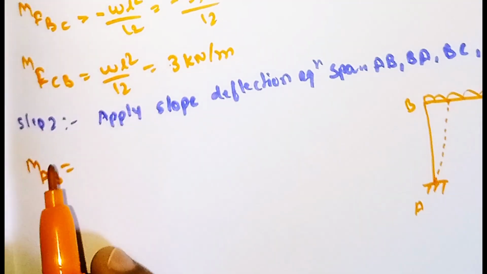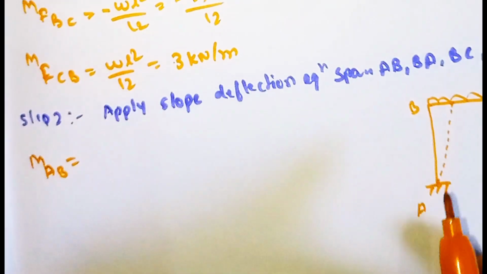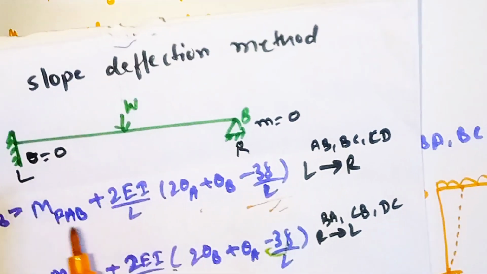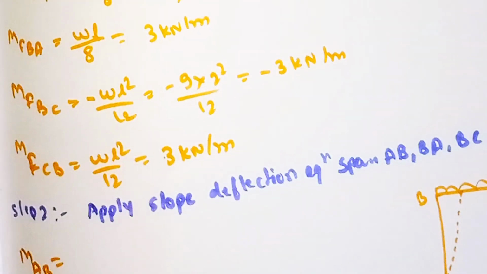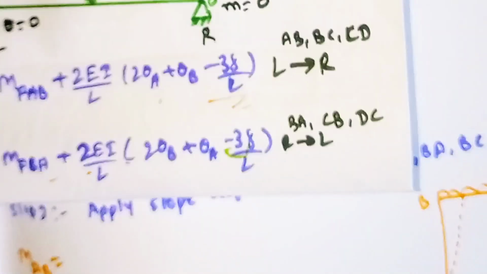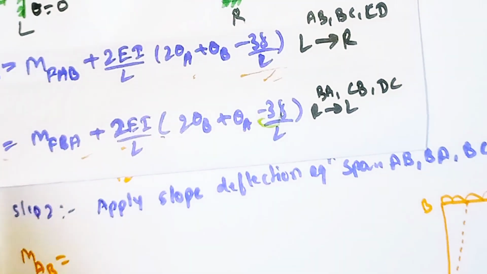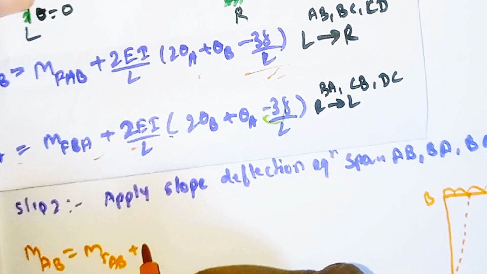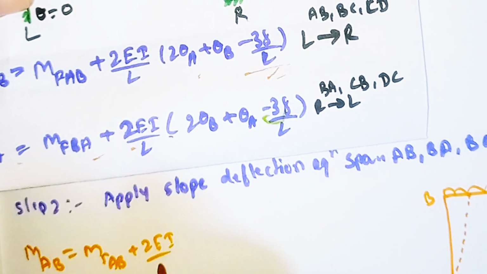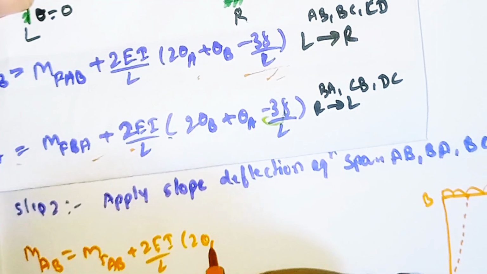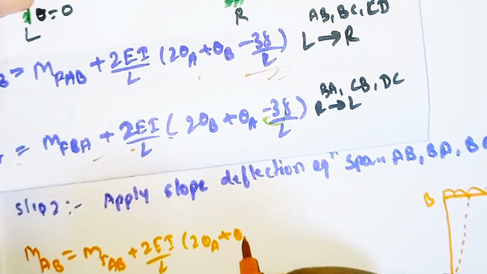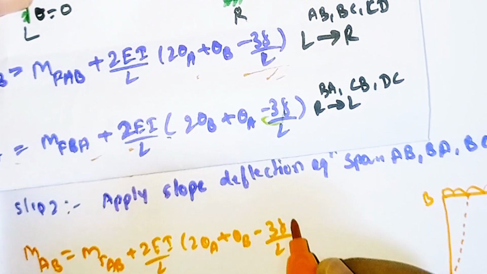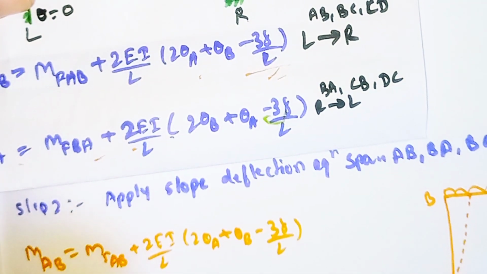Now we'll see span AB, where AB is the vertical member. For that we need to use this formula. M_AB is equal to MF_AB plus 2EI divided by L, into 2 theta A plus theta B minus 3 delta divided by L. Now substitute all the values.